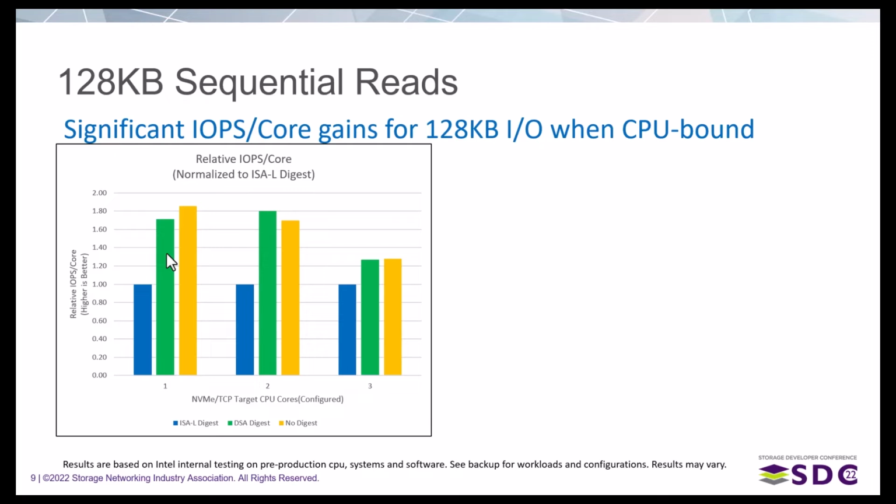We also did one more thing. We also measured the relative IOPS per core when the target didn't even calculate that digest at all, and that's the yellowish gold bar there.